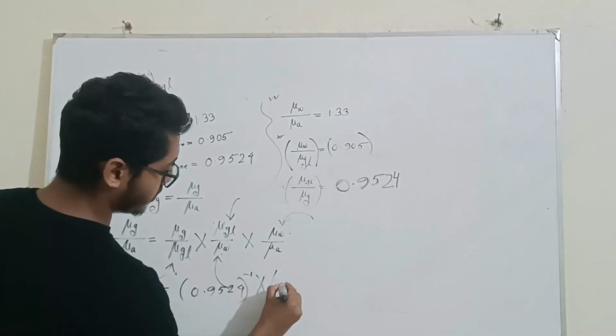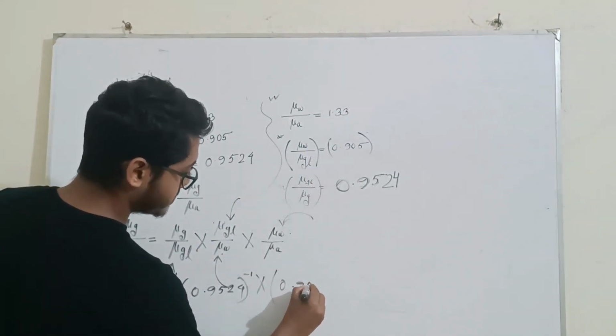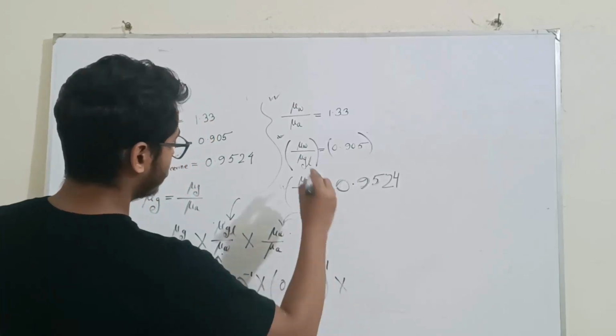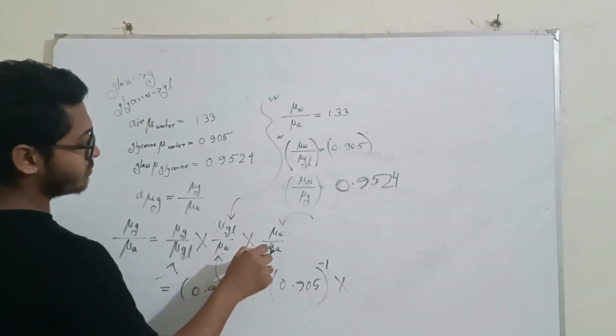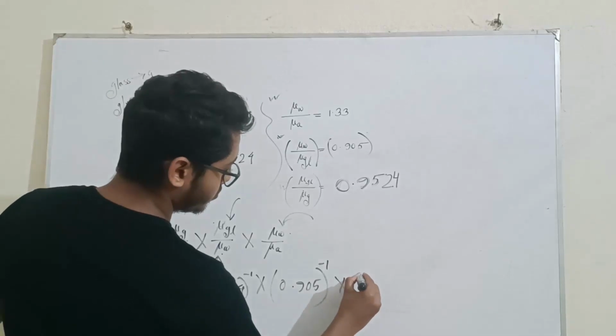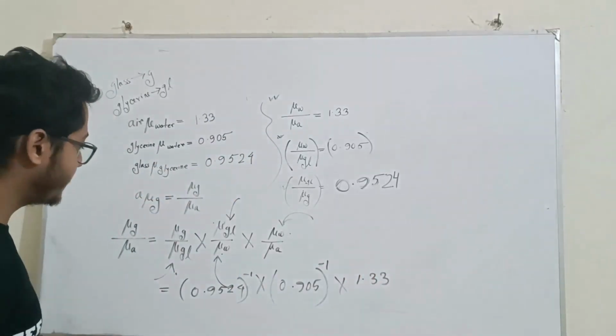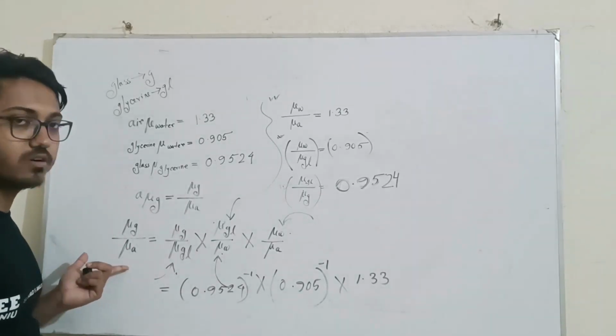So we have to invert this as well. 0.905 inverse, into, see, we don't have to do anything with this, nu W by nu A, 1.33. So the answer you will get will be the refractive index of glass with respect to air.